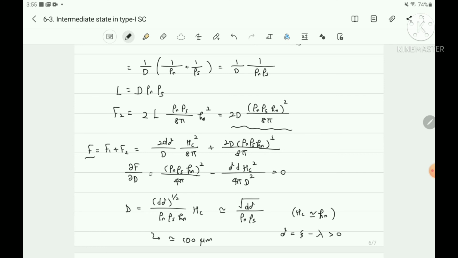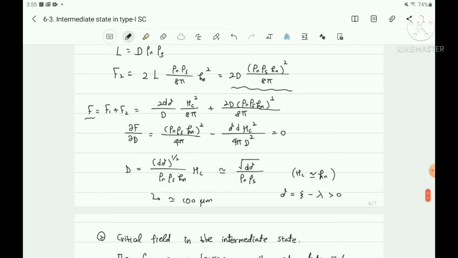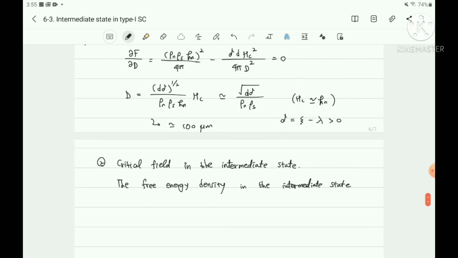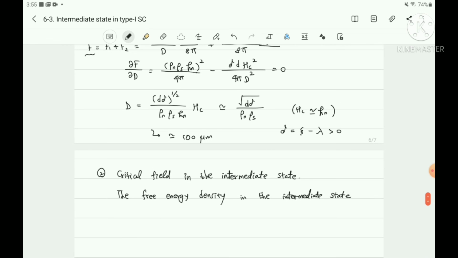We should remind that F is not a free energy in this case, and therefore here the free energy density in the intermediate state Fi is the free energy density in the superconducting state, with superconducting volume fraction rho s, plus rho n and Fs0.